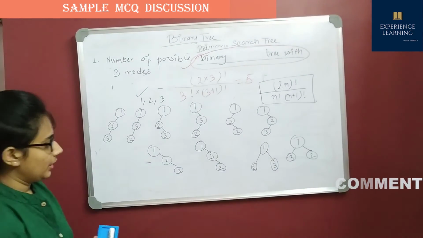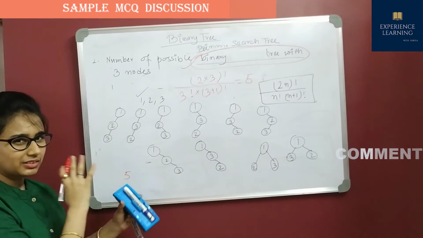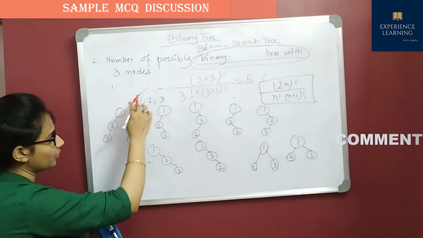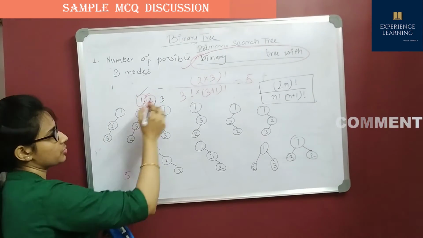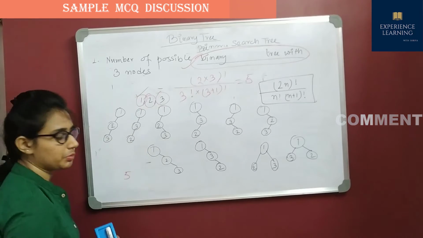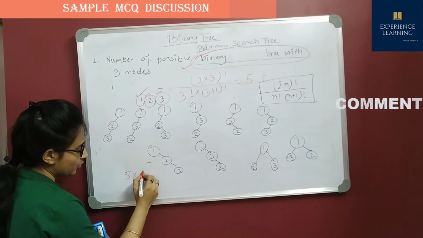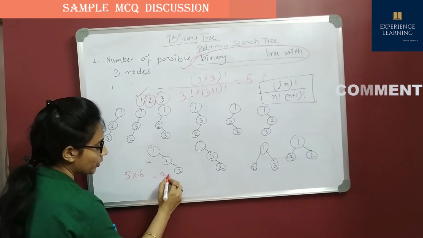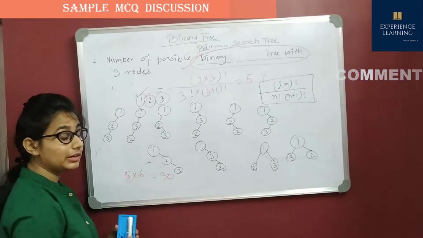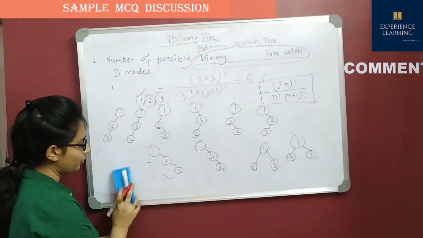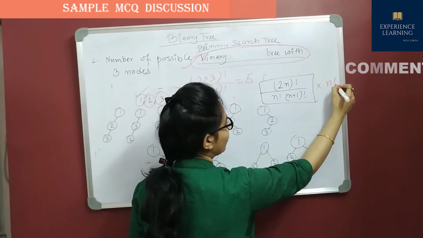Now we can understand that we are going to get 30, isn't it? Considering 1 as root, 10 possibilities, considering 2, again 10 possibilities, considering 3 as root, again 10 possibilities. So if I multiply 5 into 6, we will get 30, isn't it? So here the formula for a leveled binary search tree is this one into n factorial.